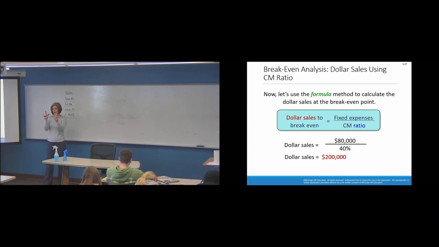And again, if you go back to the way I described unit CM and CM ratio, like the explanation that I gave you, for every $1 of sales, 40 cents of that dollar goes to cover fixed costs. That's what the 40% represents. So these numbers, again, just came from the template for Racing Bicycle. Fixed costs are $80,000, CM ratio is 40%.